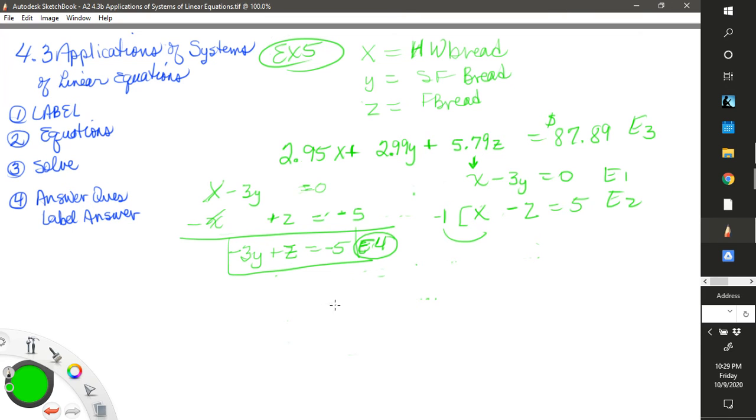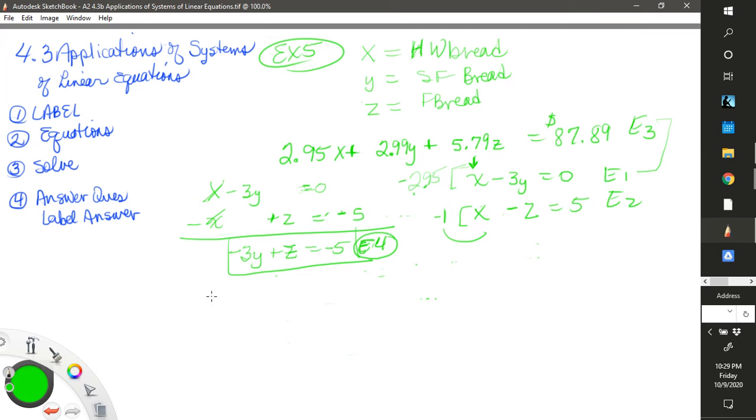Okay, let's go to equation 5. We're going to take our E1 and pair it with our E3. And to cancel my x's, I'm going to need to take E1 and multiply it by a negative 2.95.